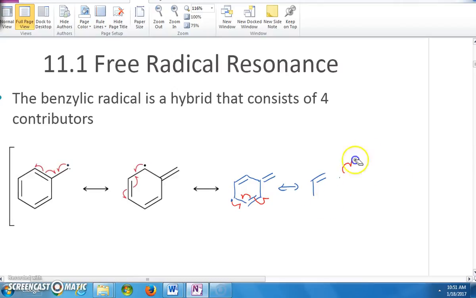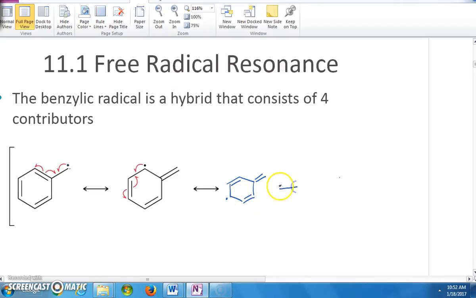Now, let me just help you do this example here. If you look at here, by the time you have everything delocalized, you're going to have the electron here, like that.